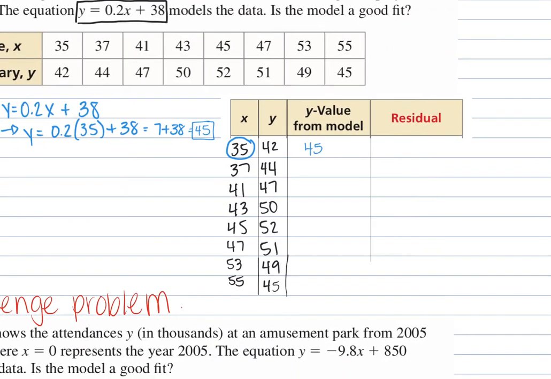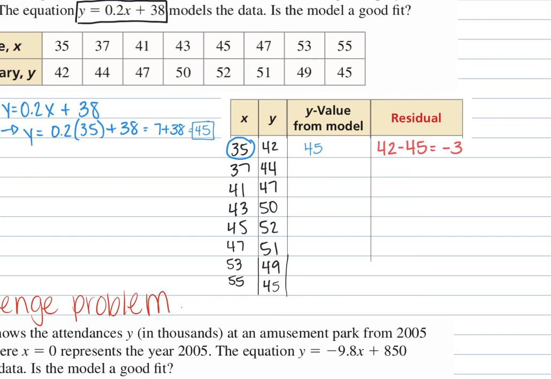What's my residual at this point? Not just 3, though. It's going to be 42 minus 45. So it's what, Nick? Negative 3, okay?